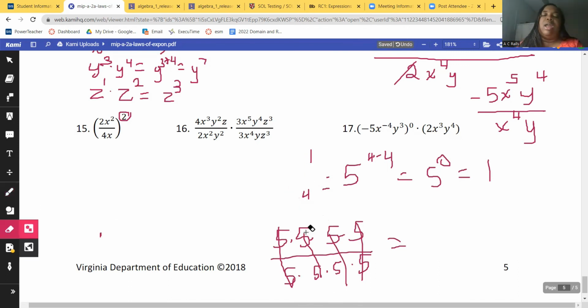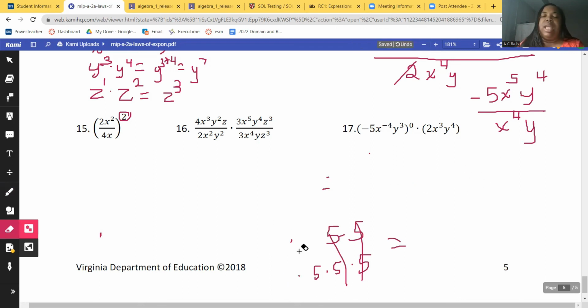So when we look at a problem like 17, we have to keep that in mind. Even though they give you this crazy long base of negative 5, x to the negative 4th power, y to the 3rd power, all of that's raised to the 0 power.